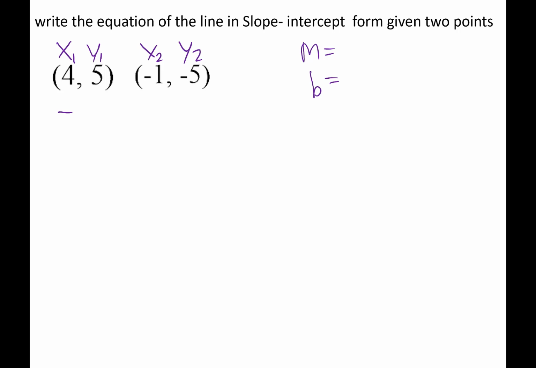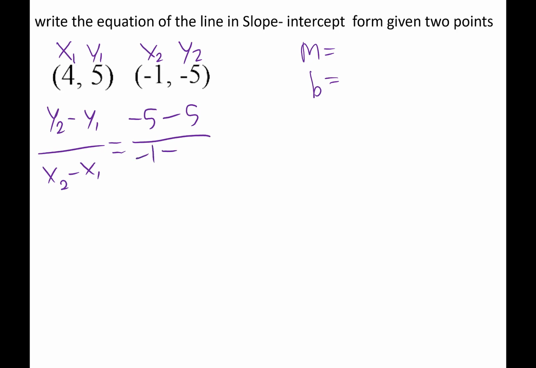Remember, our slope formula is y2 minus y1 over x2 minus x1, which is going to give me negative 5 minus 5 over negative 1 minus 4.